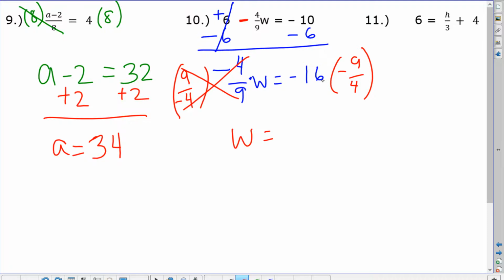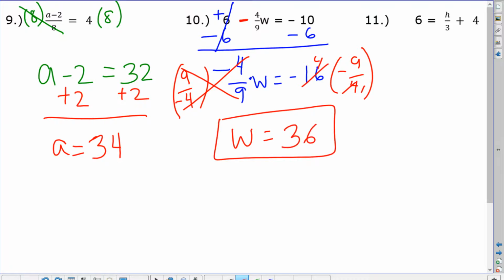And over here we're going to get negative 16 times negative 9, divide by 4. So I'm actually going to reduce this first. This is 1, this is 4, so I'm going to get positive 36. Last one. Subtract 4 from both sides. Rewrite. Now remember, it's all about inverses.